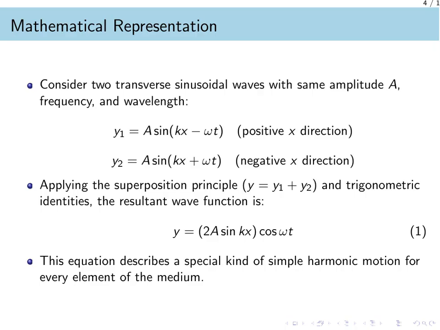By applying the superposition principle, where the total displacement y is the sum of y1 and y2, and using trigonometric identities, we find the resultant wave function. This resultant y equals 2 times the amplitude times the sine of kx, all multiplied by the cosine of omega t. This equation describes a special kind of simple harmonic motion for every element of the medium.